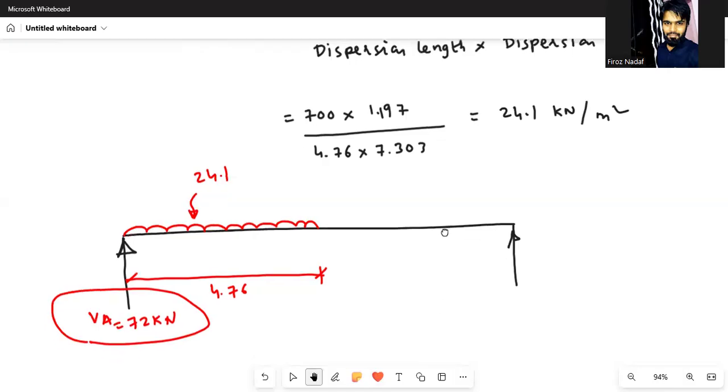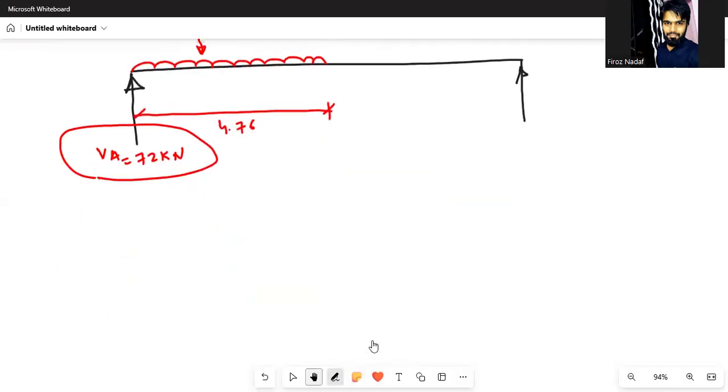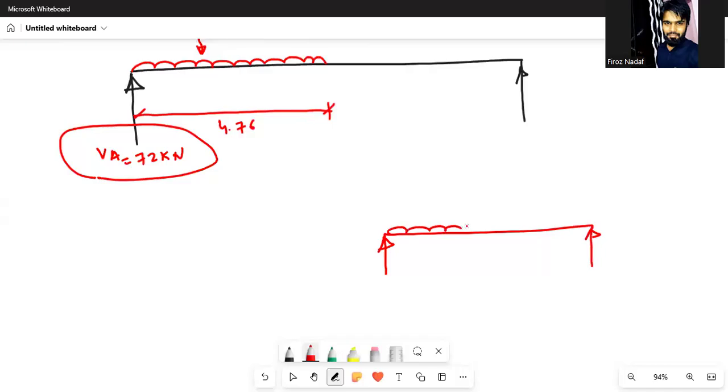You also have to find dead load shear force. I think we have not calculated it. The dead load is uniformly distributed over the span. We have calculated the dead load as 14, and the span is 6.4. So here you will get the reaction. The reaction itself is the shear force.